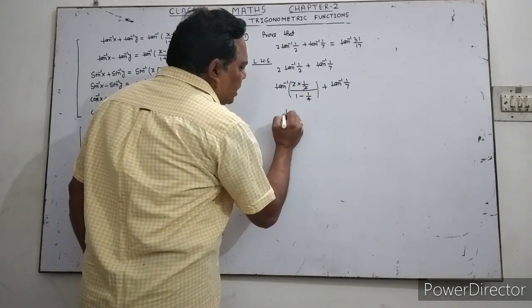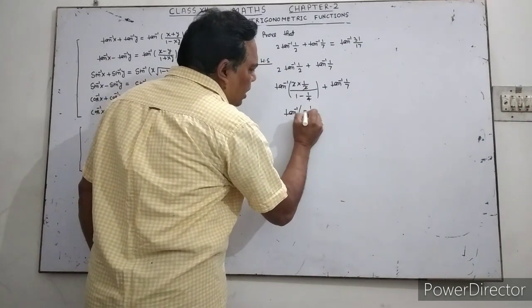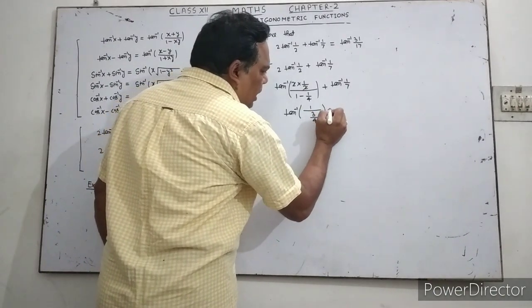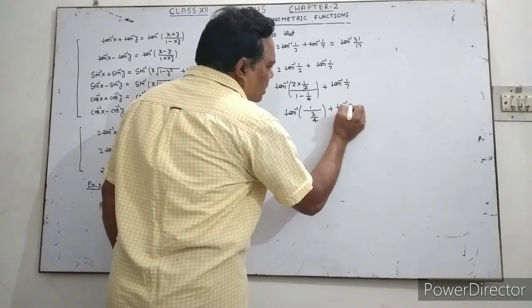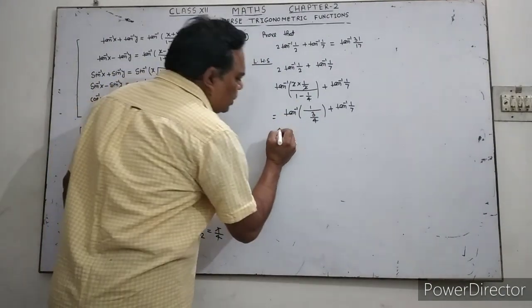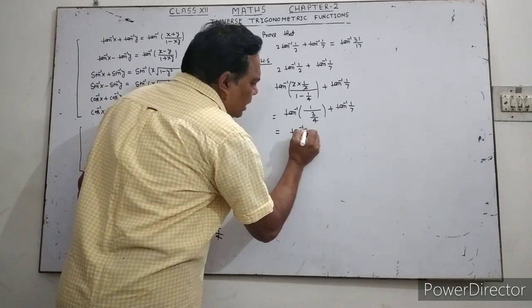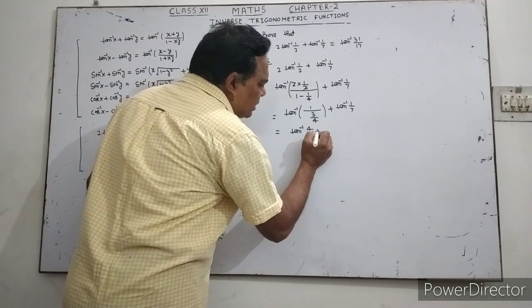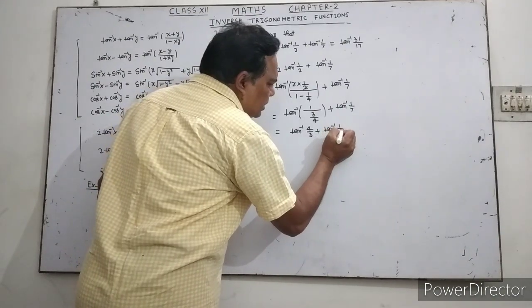Now this is tan inverse of 1 upon 3 by 4, plus tan inverse 1 by 7, equal to tan inverse 4 by 3 plus tan inverse 1 by 7.